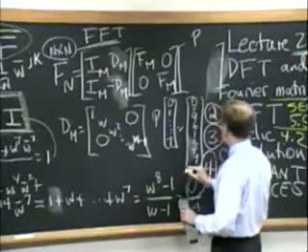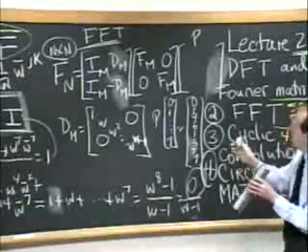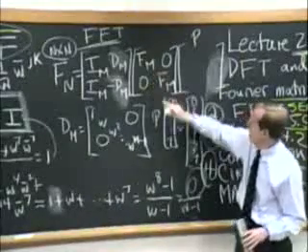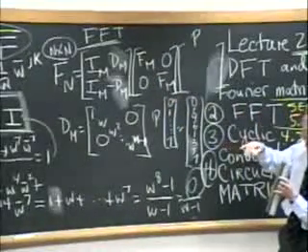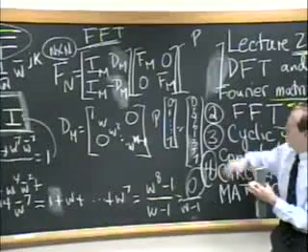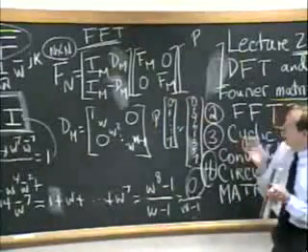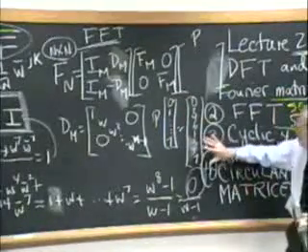So it's evens before odds. So in other words, this Fm acts on the even indices, and this Fm, this half-size transform, acts on the odd indices.